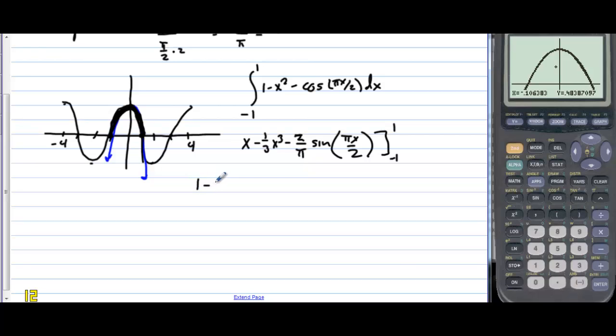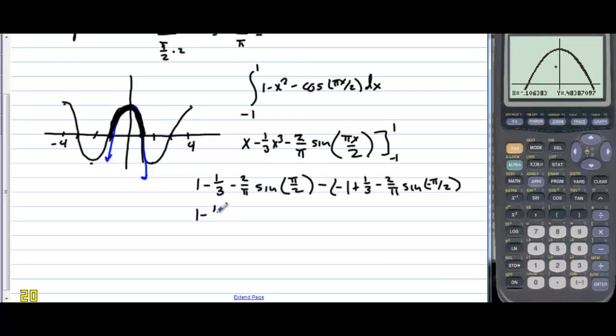We get 1 minus 1/3 minus 2 over pi times the sine of pi over 2. And then minus, when we plug a negative 1 in, we get negative 1 plus 1/3, as we'll have a negative 1 to the third and negative 1/3, and then minus 2 over pi times the sine of negative pi over 2.